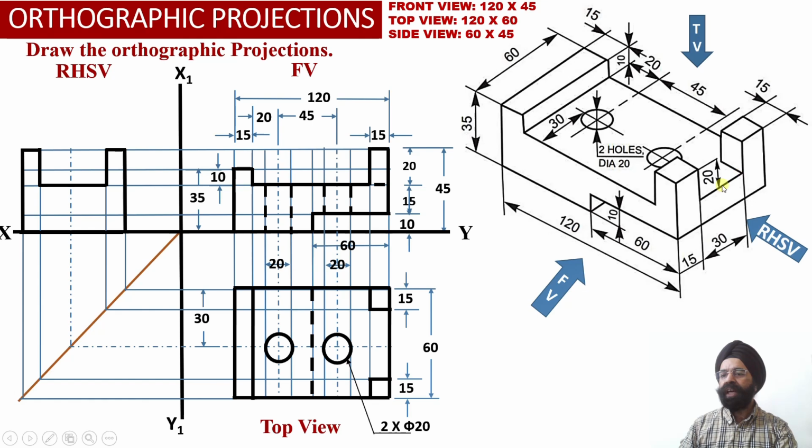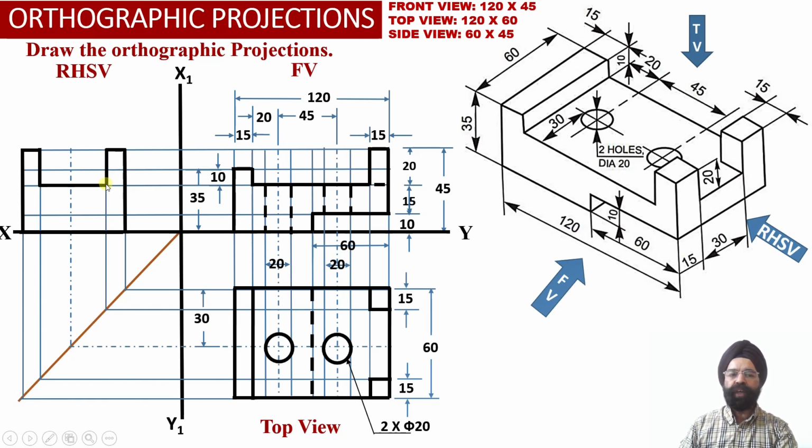So the depth of 30 millimeter will be left in between and the height will be 20 millimeter in between. So this dimension happens to be 30 millimeter and this height happens to be equal to 20 millimeter. We can check it out over here. This height of the vertical block happens to be equal to 20 millimeter.